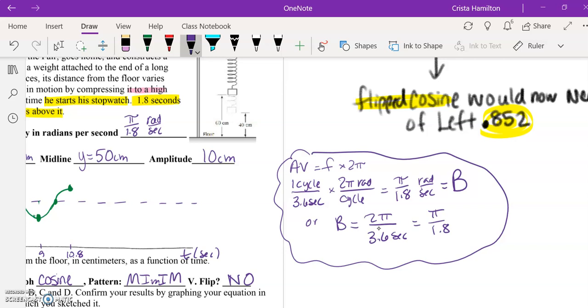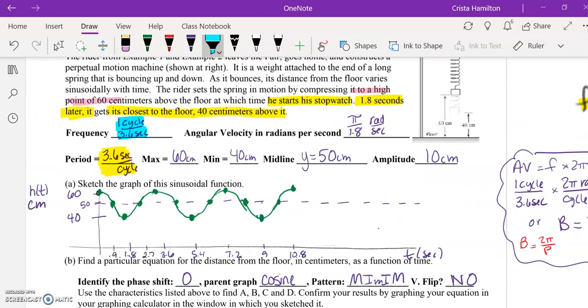There's 2 pi radians in a cycle. And remember that that gives us the B value that we're going to use in the equation. The other option was to use the formula where B equals 2 pi divided by the period, and then I simplified. So either way you go, you get B is pi over 1.8.